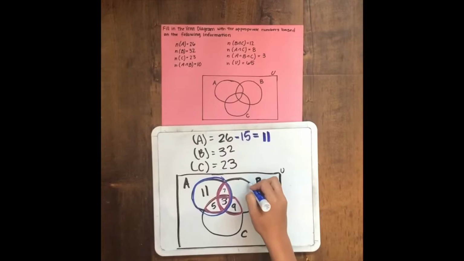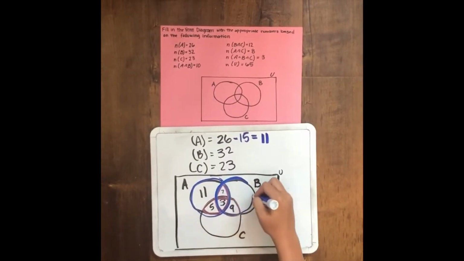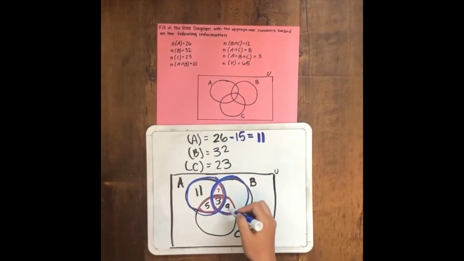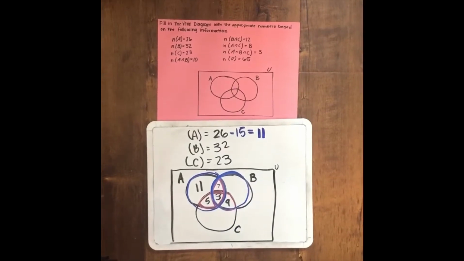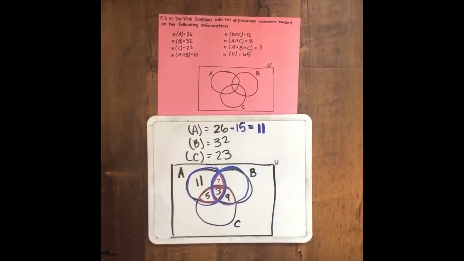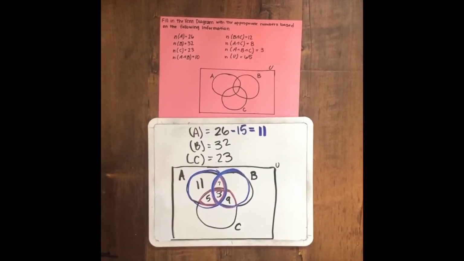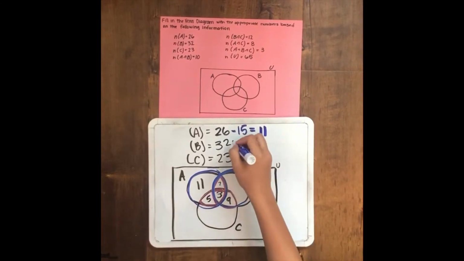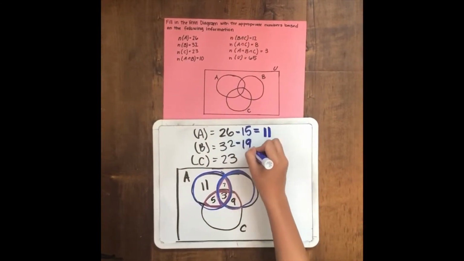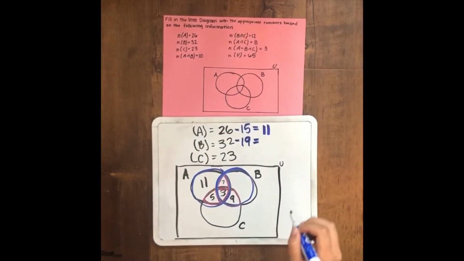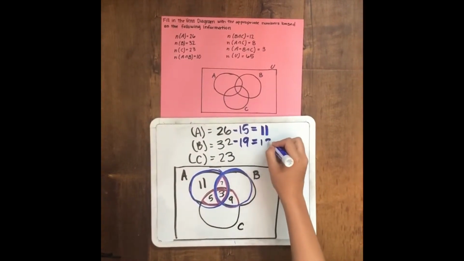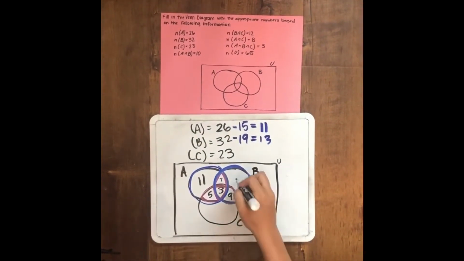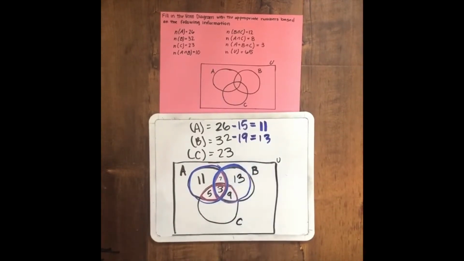Next, set B would be this entire circle. Since we have 9, 3, and 7, we have to add those together and subtract from 32. So 9, 3, and 7 added together would be 19. So 32 minus 19 would be 13. So 13 goes right here.